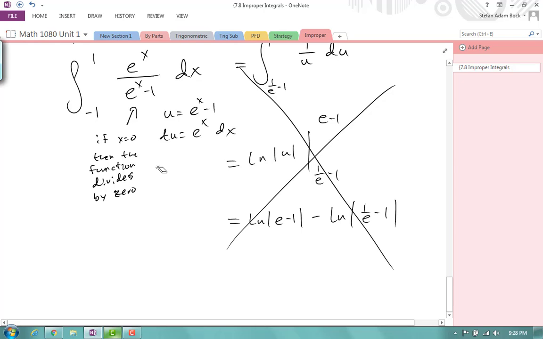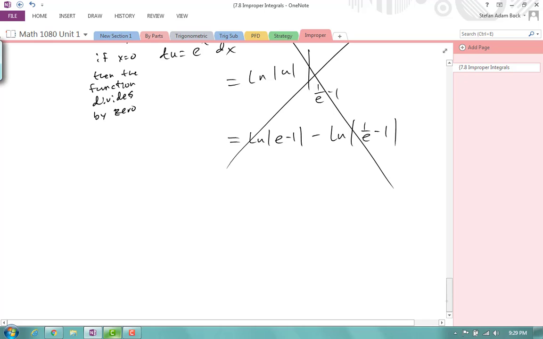One of the conditions of a definite integral is that your function should be bounded on the domain that you're trying to integrate on. So this is an improper integral because it doesn't satisfy one of the conditions of a definite integral. So what we should do, of course, is split the integral and take limits as it goes to the problematic spot.